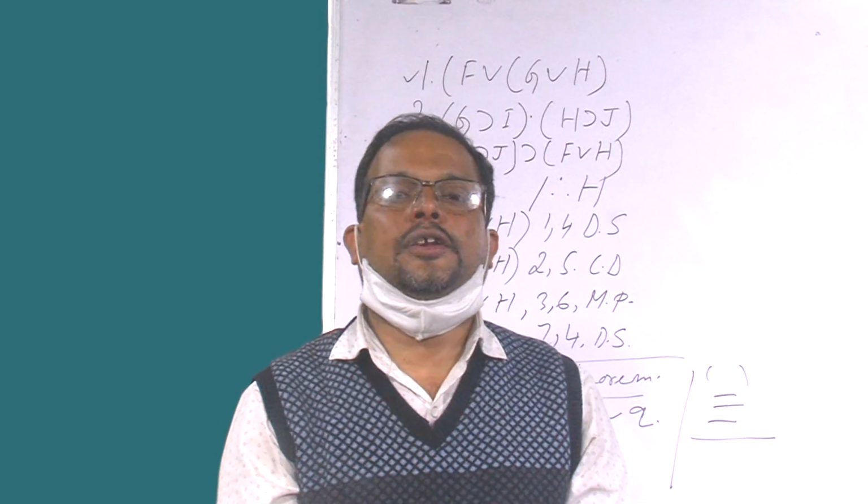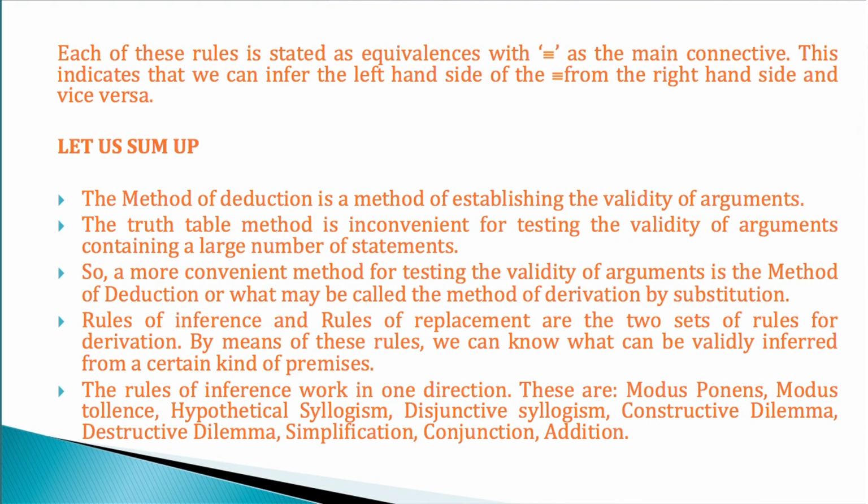This indicates that we can infer the left hand side from the right hand side and vice versa. So dear learners, this is all about the unit formal proof of validity.